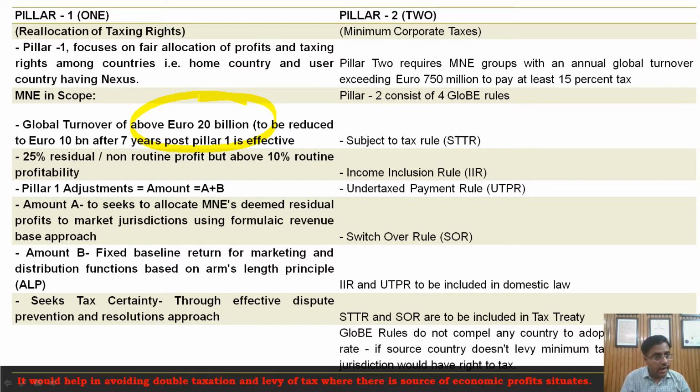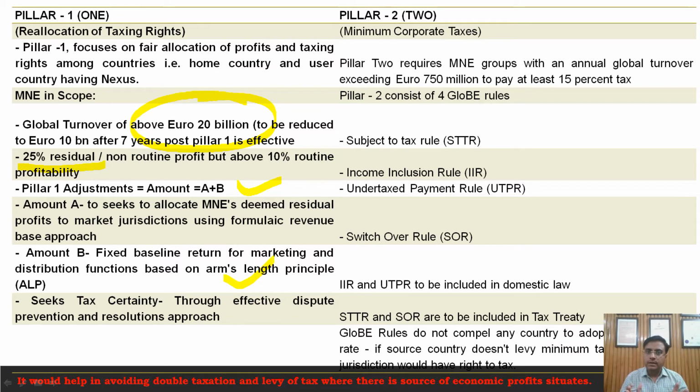They want to reallocate profit to your country over and above 10%, up to 25%. So they adjust Amount A and B. They use a formula to seek to allocate the MNC's deemed residual profit to the market jurisdiction using a formulaic approach.